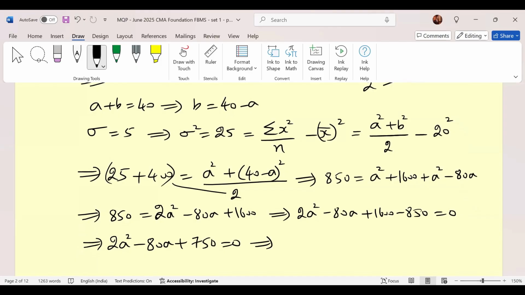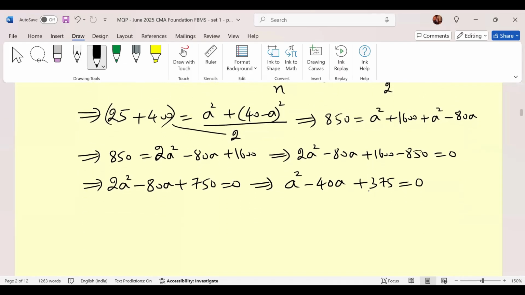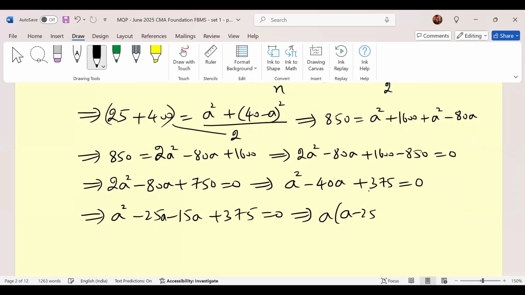We can divide both sides by 2 to get a square minus 40a plus 375 equal to 0. We can now split this negative 40 as negative 25, negative 15. So we can write a square minus 25a minus 15a plus 375 equal to 0. First two terms common is a minus 25.